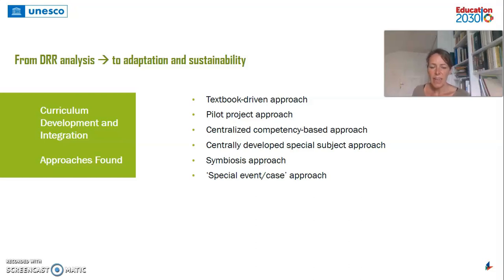And then the last approach, which we see quite often, is special dedicated events such as disaster risk reduction days or awareness campaigns or weeks, used to create awareness and teach on the topic.